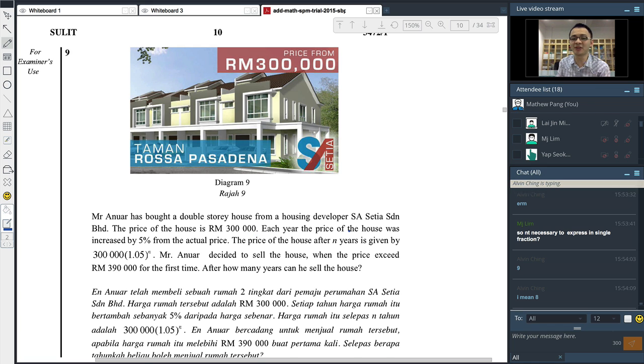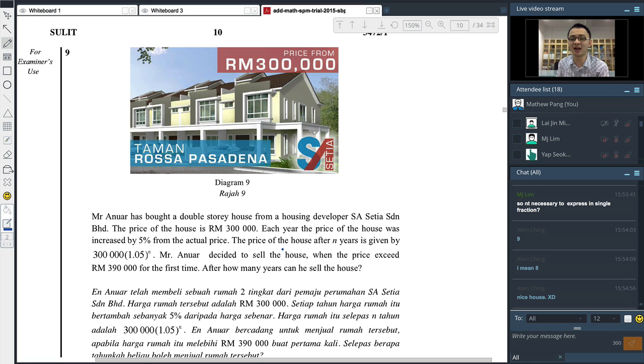Each year the price of the house was increased 5% from the actual price, and the price of the house after n years is given by this formula. So Mr. Anwar decided to sell the house when the price exceeds 390,000 for the first time. After how many years can he sell the house?